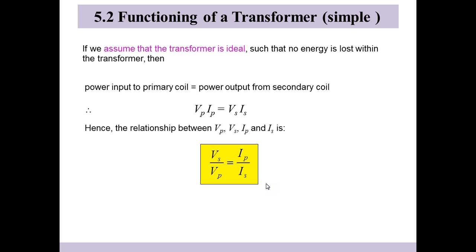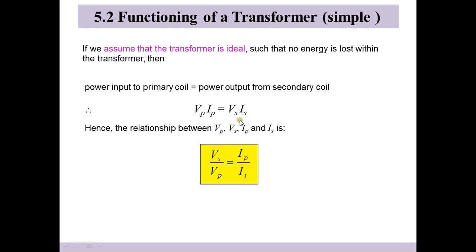Next, if the transformer is ideal, there will be no power loss, and the input power will be equal to the output power, which is to say P on the primary circuit equals P in the secondary circuit. Since power is equal to VI, we can say that Vp Ip equals Vs Is.